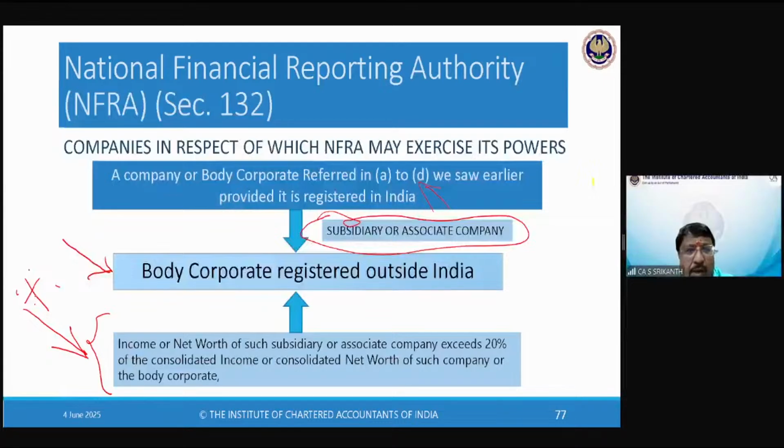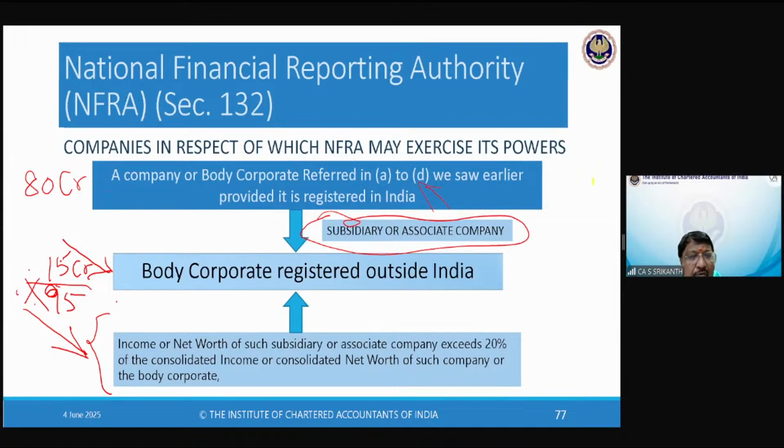See, let us think about it this way. The income of this company is 80 crore. This body corporate registered outside India has 15 crore in Indian currency. INR itself is mentioned. Total 95, right? Now, out of that 95, does this 15 crore constitute 20%? So how I will calculate: 15 divided by 95 into 100.